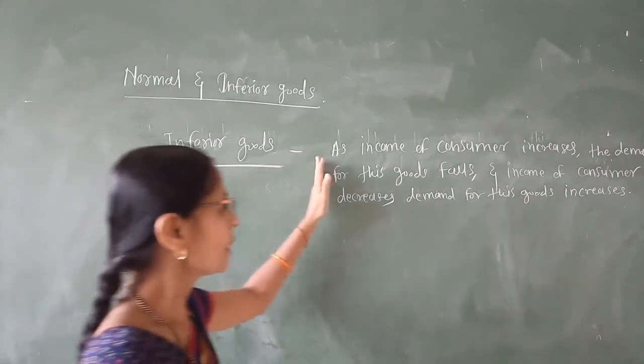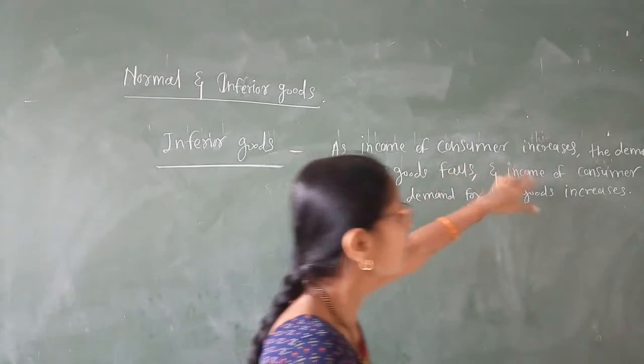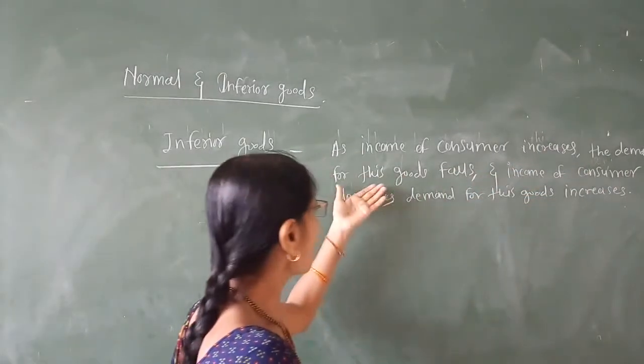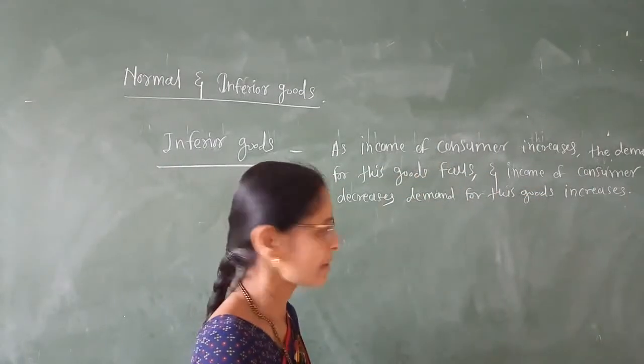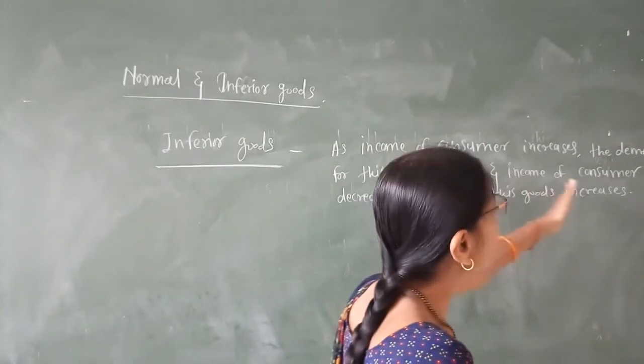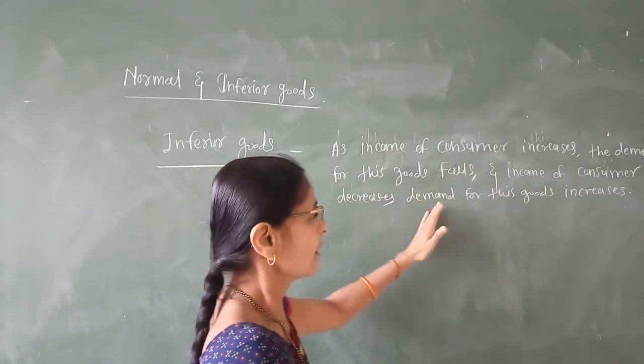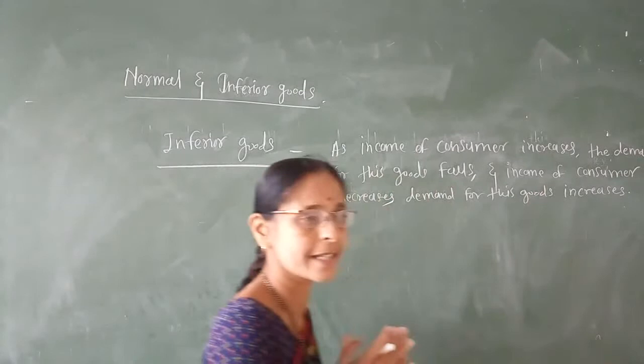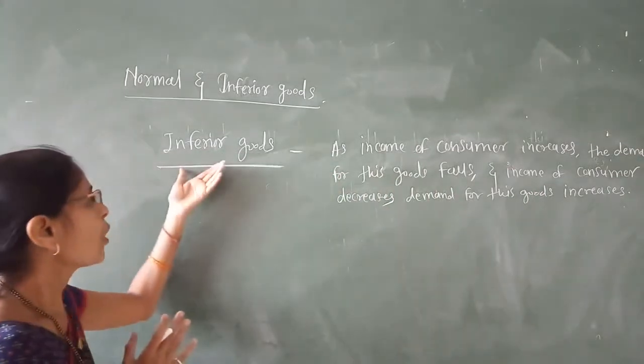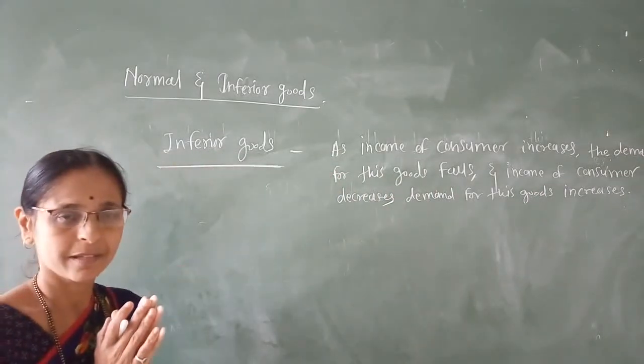So here, inferior goods means as the income of the consumer increases, the demand for this good falls, and as the income of the consumer decreases, the demand for this good increases. Those goods we call inferior goods.